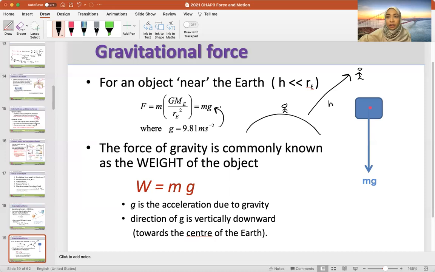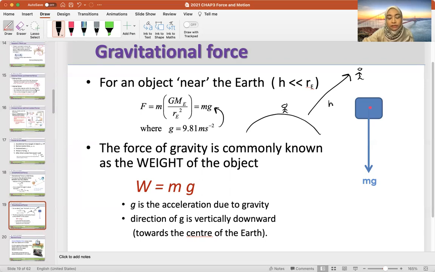If you are Superman or whatever floating up there, the g does not apply to you. You have a different g, a different acceleration. And if you are on a different planet, you have a different acceleration. You want to become lighter or heavier, go to other planets. You will have a different weight.